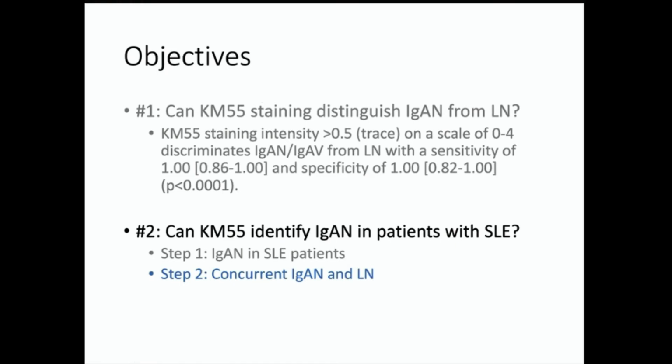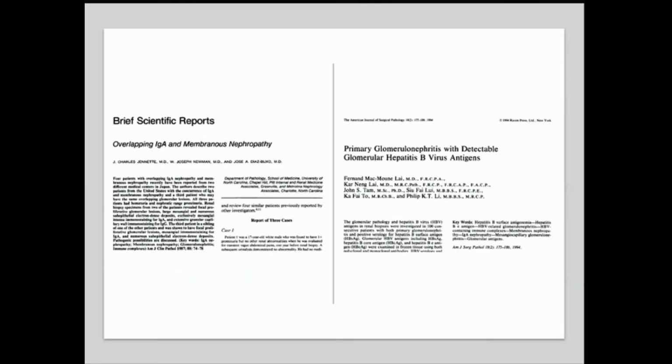Then the next question is, do we have concurrent IgA nephropathy and lupus nephritis happening in lupus patients? In the literature, we have publications showing evidence of overlapping IgA nephropathy and membranous nephropathy, because they have different staining patterns. Membranous is on the capillary wall, and IgA is in the mesangium.